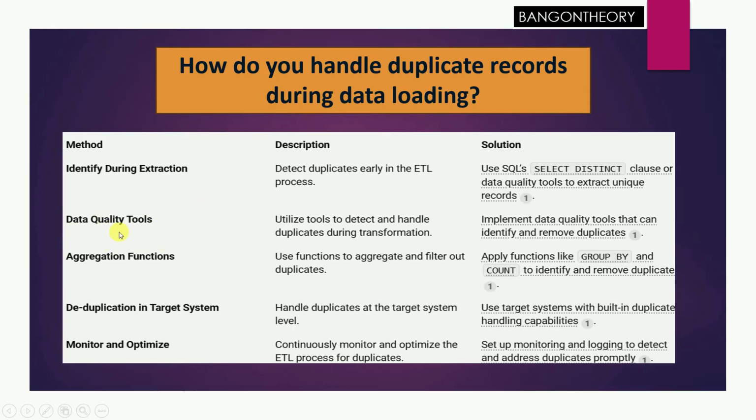We can implement data quality tools that can identify and remove duplicates, aggregate functions like group by, count function, and deduplication in target systems, handling duplicates at the target system as well. Monitor and optimize the pipeline: set up monitoring and logging to detect and address duplicates promptly.